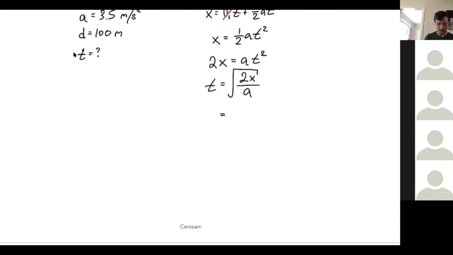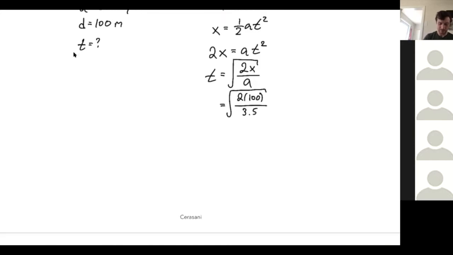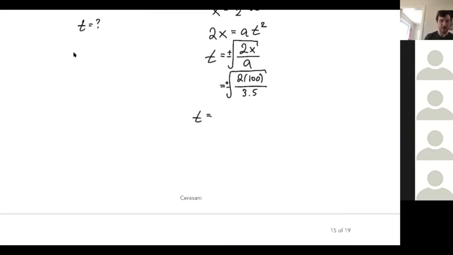Let's just plug in our numbers. 2 times 100, all divided by 3.5, square root. Now, technically, we have plus or minus. So when we find this time, we're going to get plus or minus 7.6 seconds.